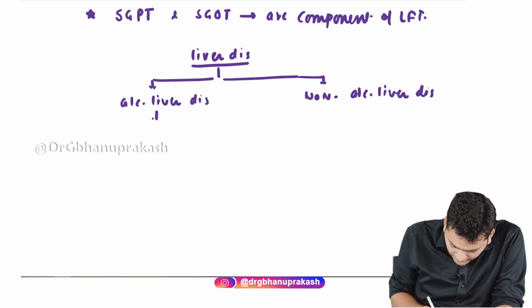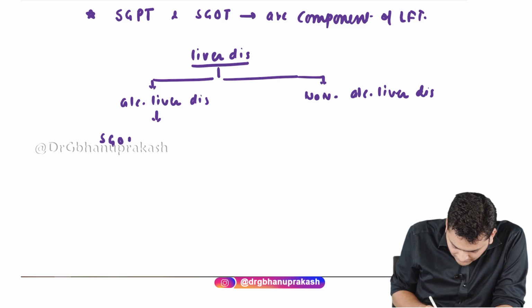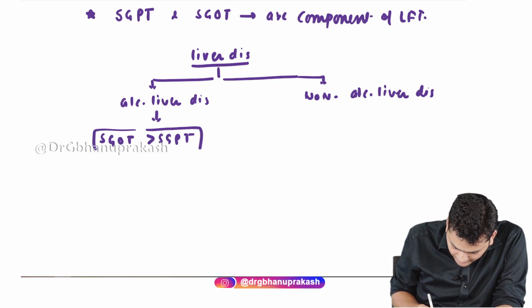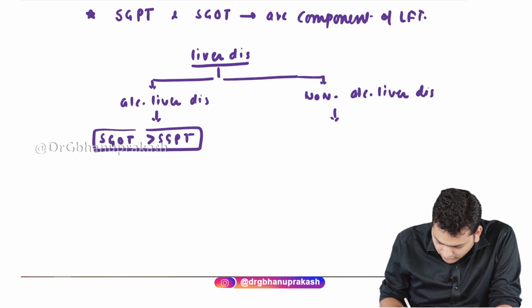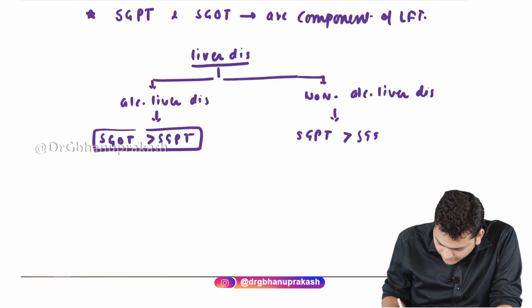If it is alcoholic liver disease, the SGOT will be twice higher than the SGPT. Whereas in non-alcoholic liver disease, the SGPT is going to be twice higher than the SGOT.